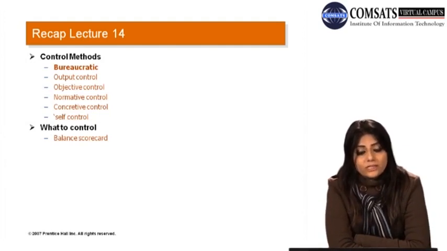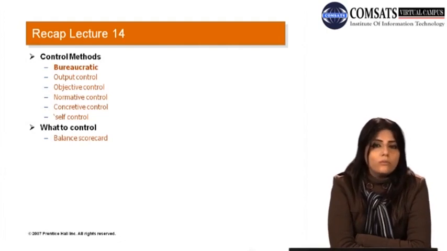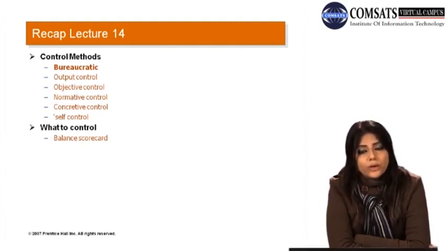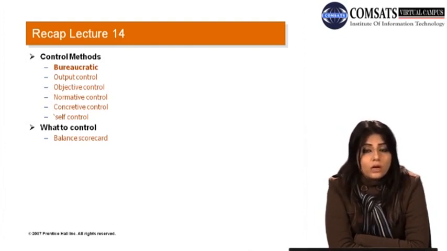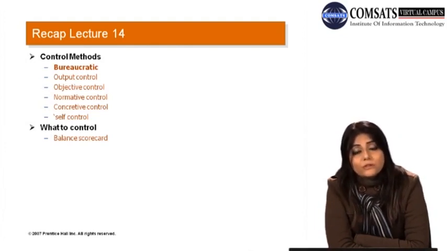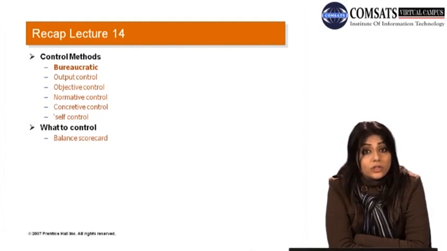Output control is more or less related to objective control, wherein you are measuring the objective outcomes. Then we had a discussion on normative control, which is more subjective, where you try to mold the behavior of individuals in response to the organizational culture, values, and norms.